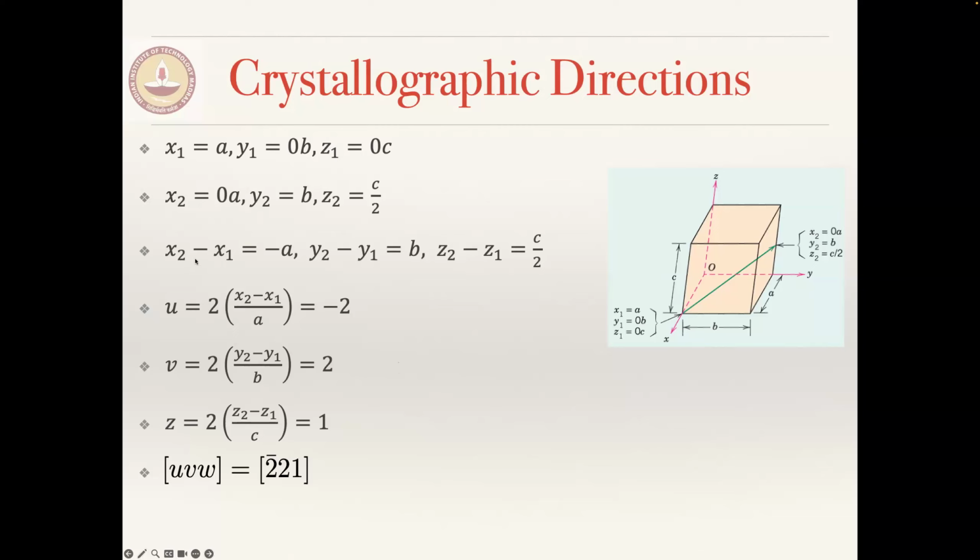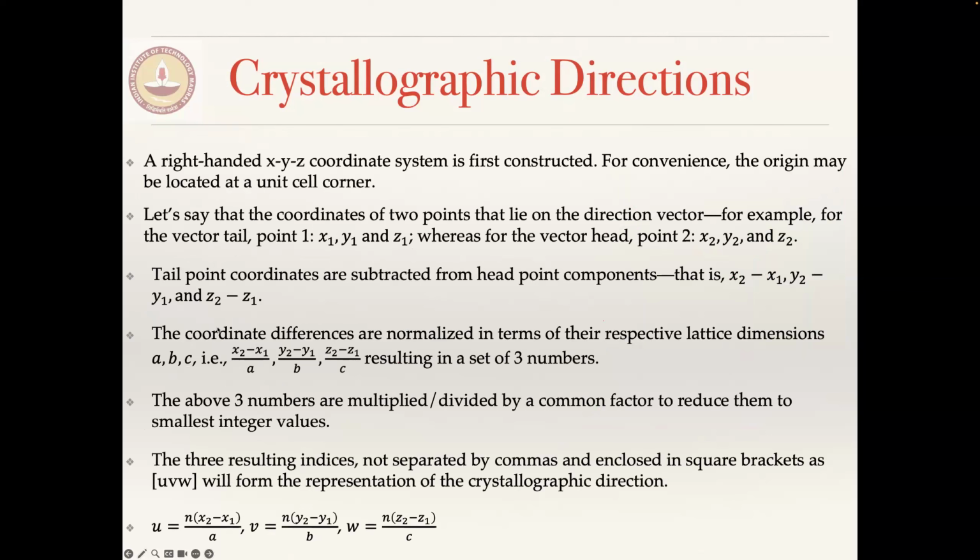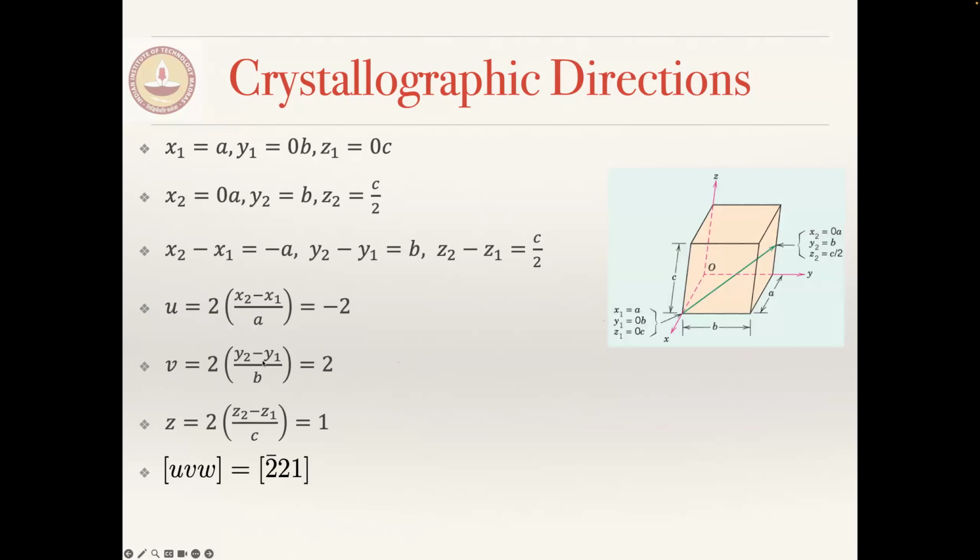Okay. So x2, after doing this, what did we say? After finding these differences, I need to divide those differences with the corresponding lattice parameter, right? So x2 minus x1 divided by, that is minus a.